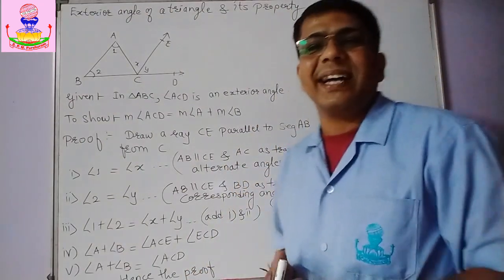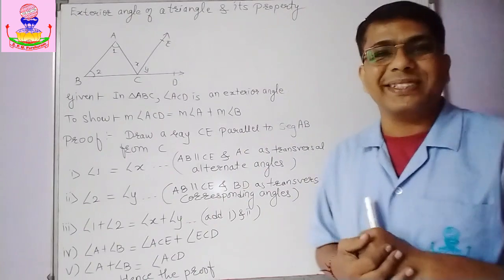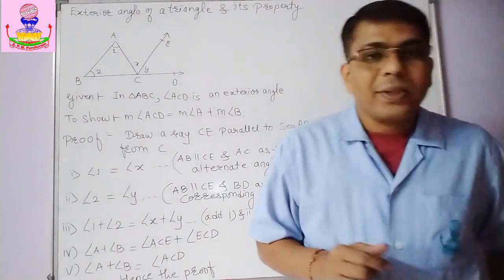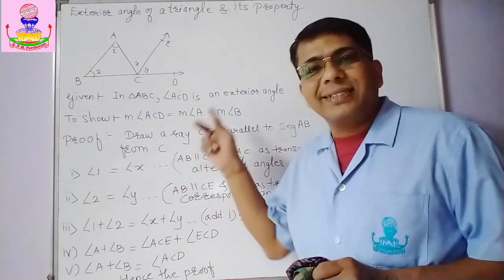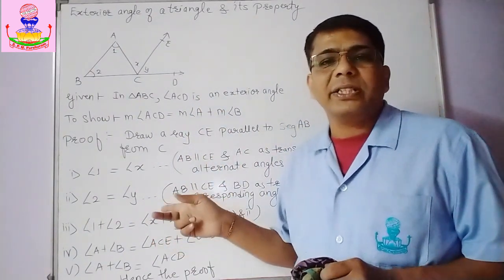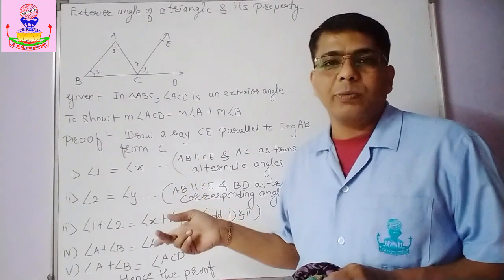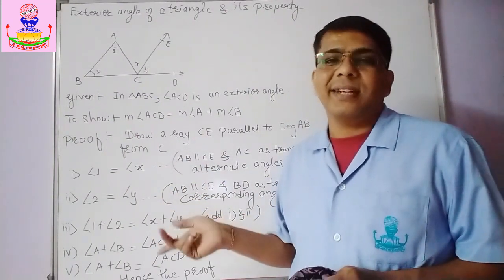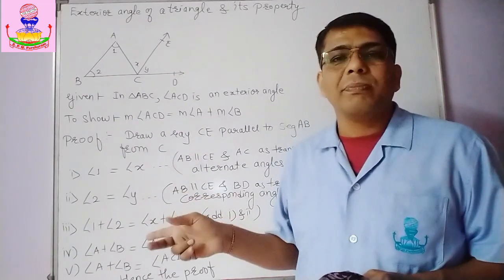This is also called a theorem. In 9th standard you will study this as a theorem, logical statements to prove them. I hope you will write down this logical step by step argument in your notebook, because this can be asked in the exam.